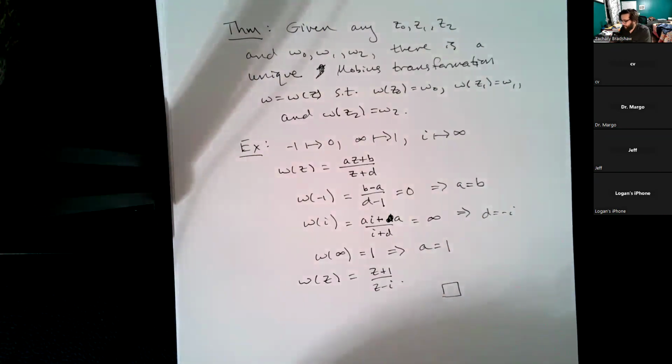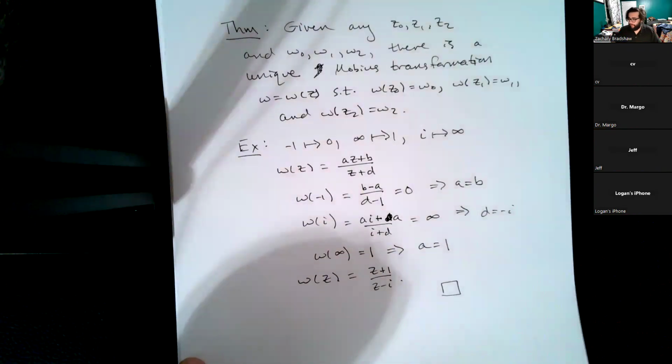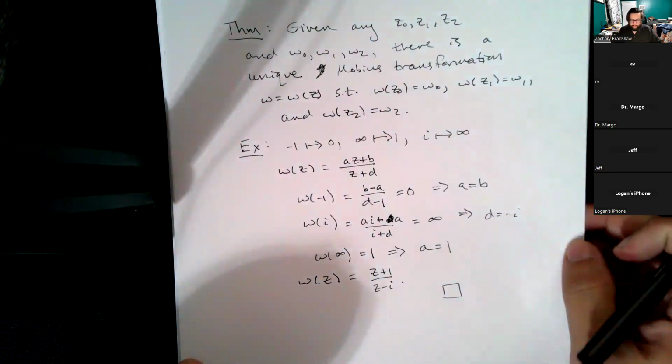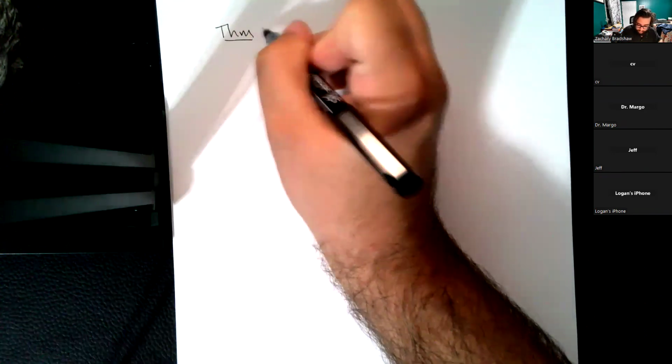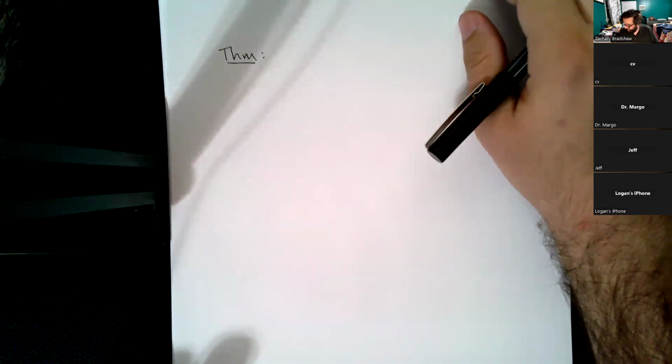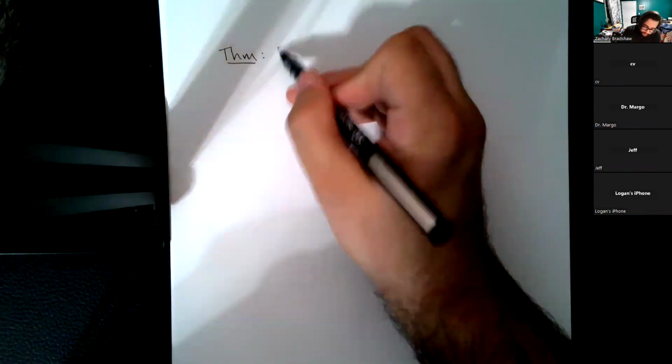Okay, so that's the point of the theorem. I'm not going to go through the details of proving it. We won't really learn anything from that. But let me move on to the next theorem. This one is pretty simple to prove.